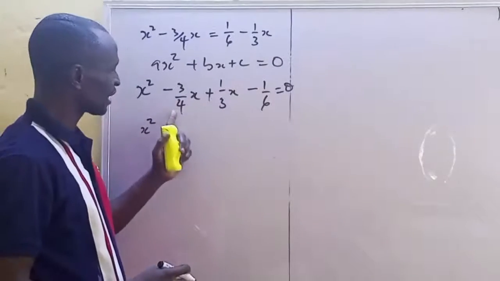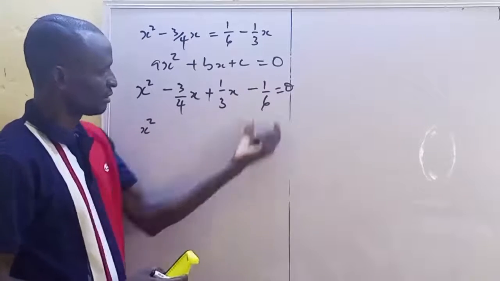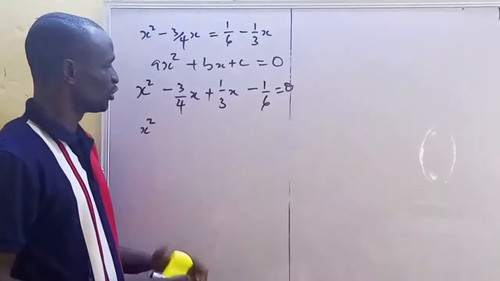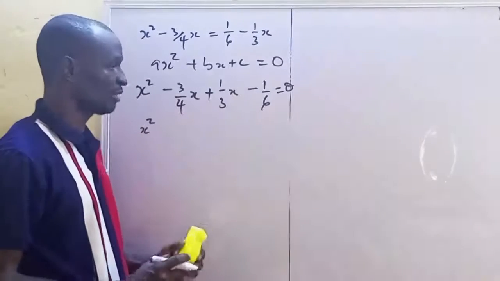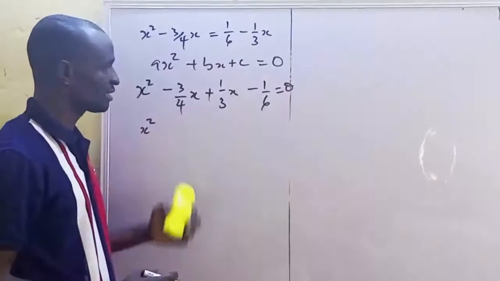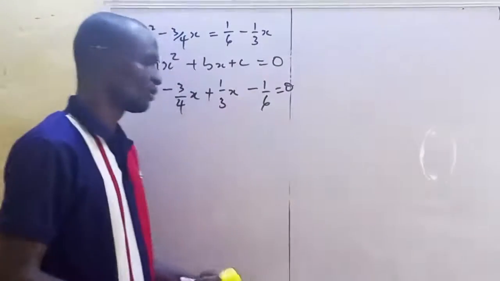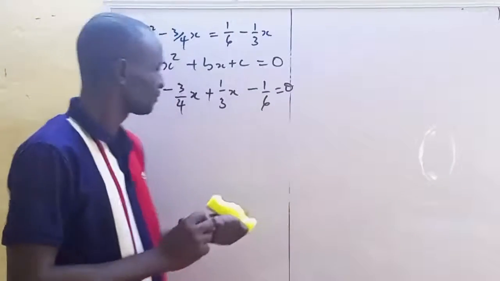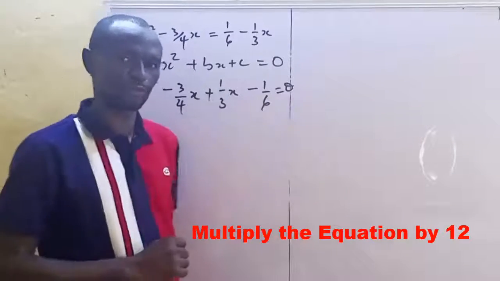Now I have fractions with denominators 4, 3, 6. What is common between 4, 3 and 6? The common multiple is 12. I have one of two options actually coming to my mind. I can decide to multiply through by 12.